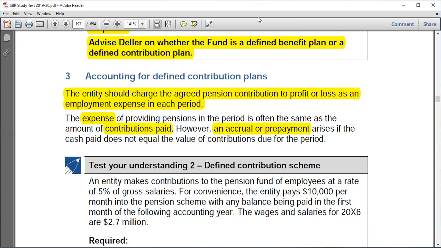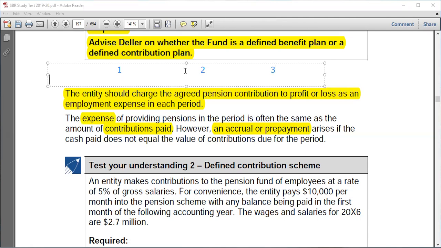Maybe let me make an illustration here. Defined contributions are very obvious. Let me presume that we had year one, year two, and then year three. Let me just write down these years.